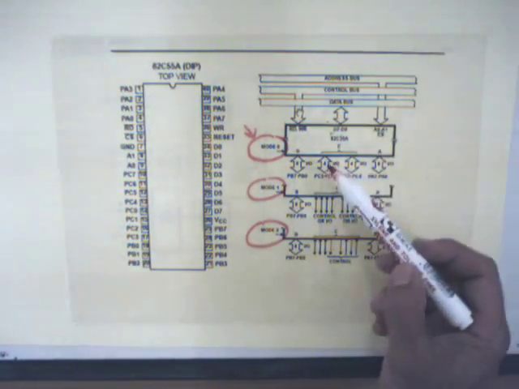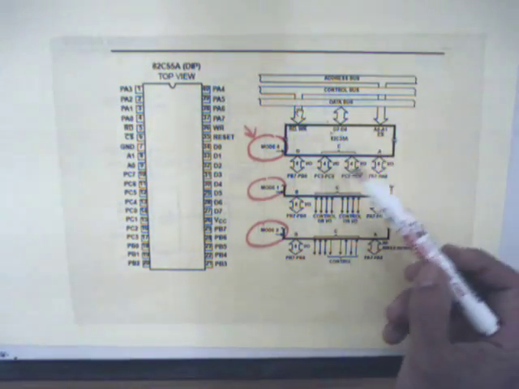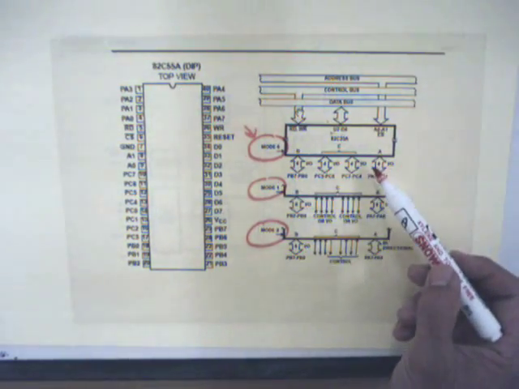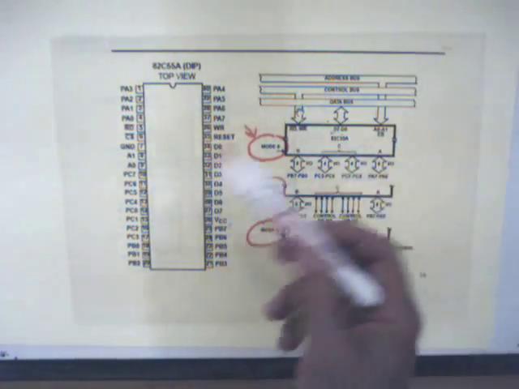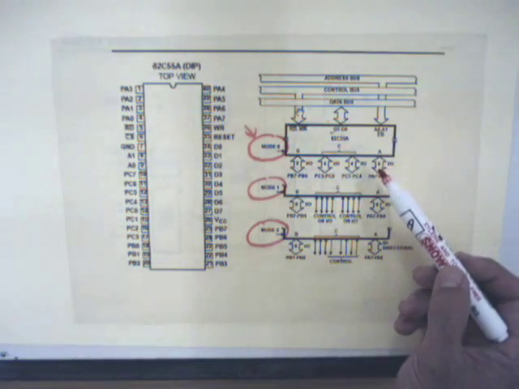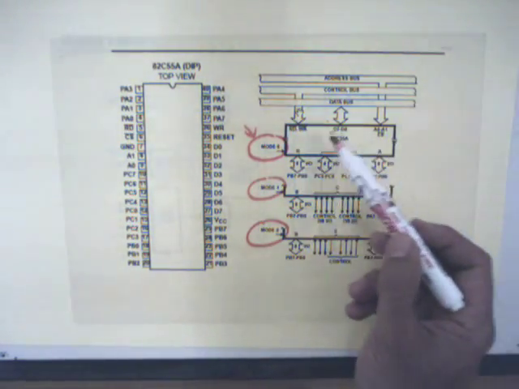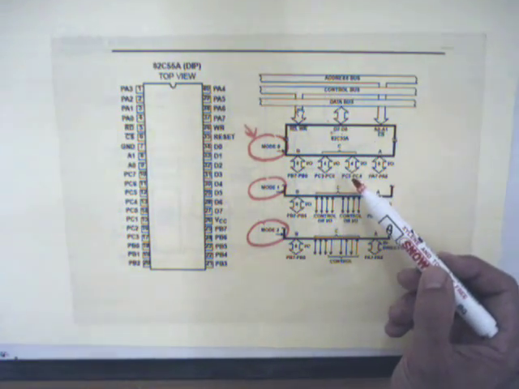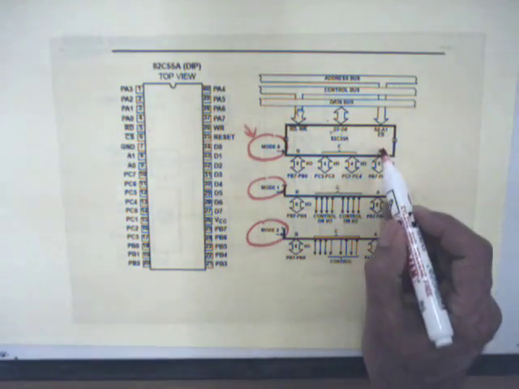In this function, it can input and output from the data bus via control bus signals and create 3 external ports by itself. So the microprocessor does not worry about creating different ports from different addresses. Rather, this integrated circuit undertakes this responsibility.